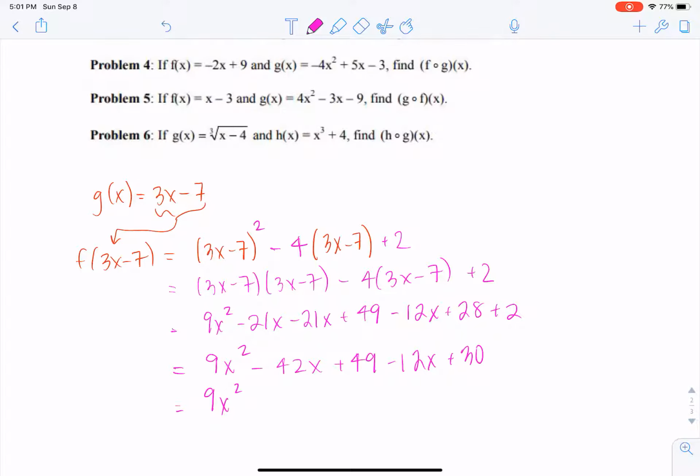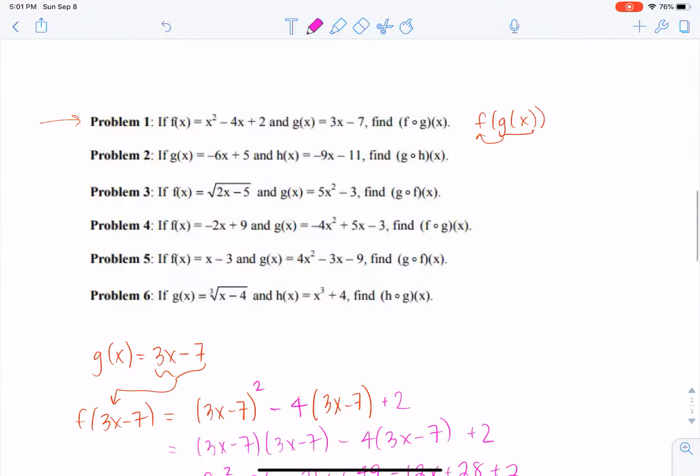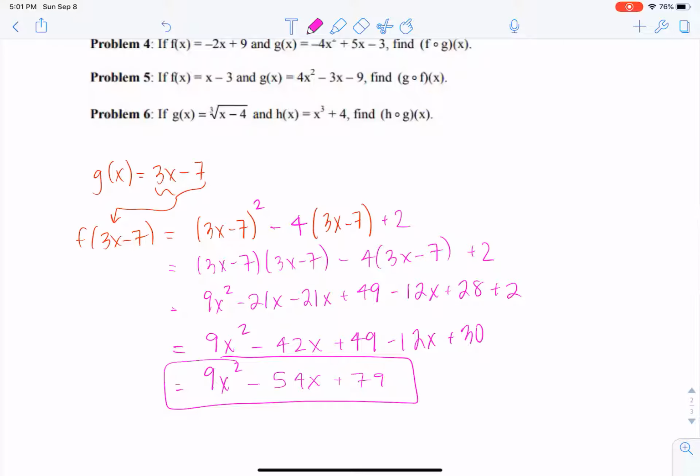So 9x squared, negative 42x plus negative 12x is going to give me negative 54x, plus, and 49 plus 30 will give me 79. So this is my final answer for problem number 1, where we were talking about f composed with g of x.